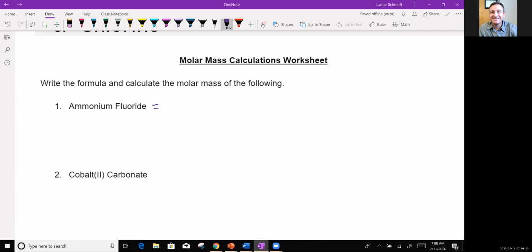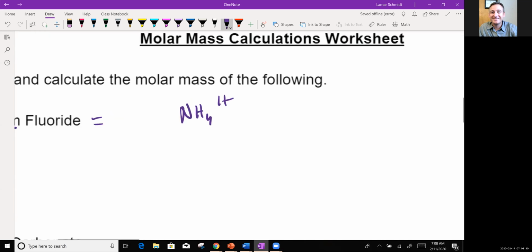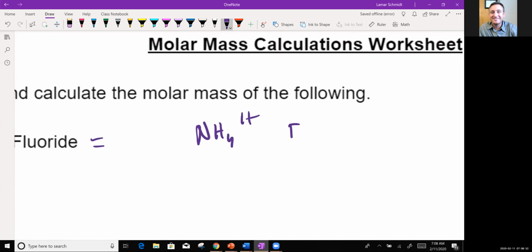We see nothing. And so we know we should be able to tell this is ionic. And it's definitely not a type 2, although that's not an important thing to identify now. So ammonium is NH4 1 plus, and fluoride is 1 minus, which gives us NH4F.